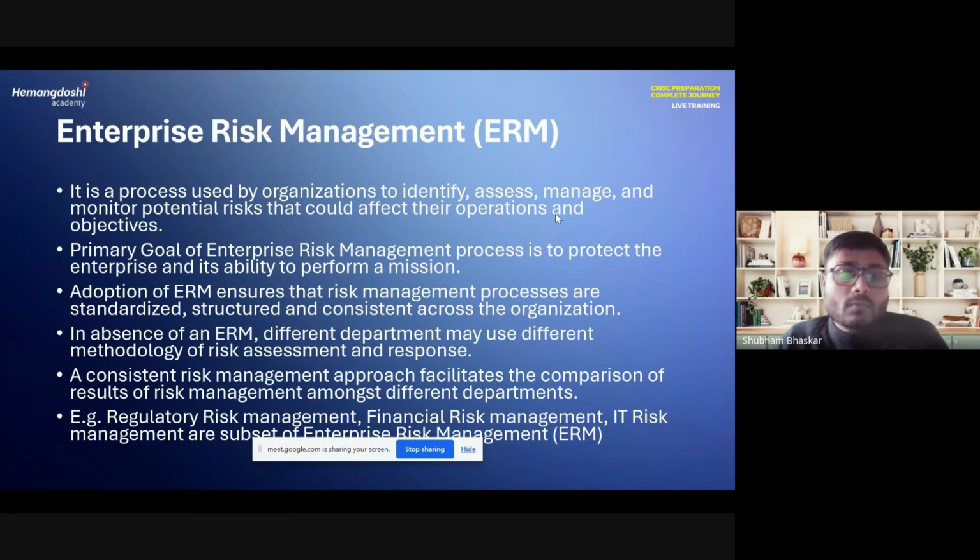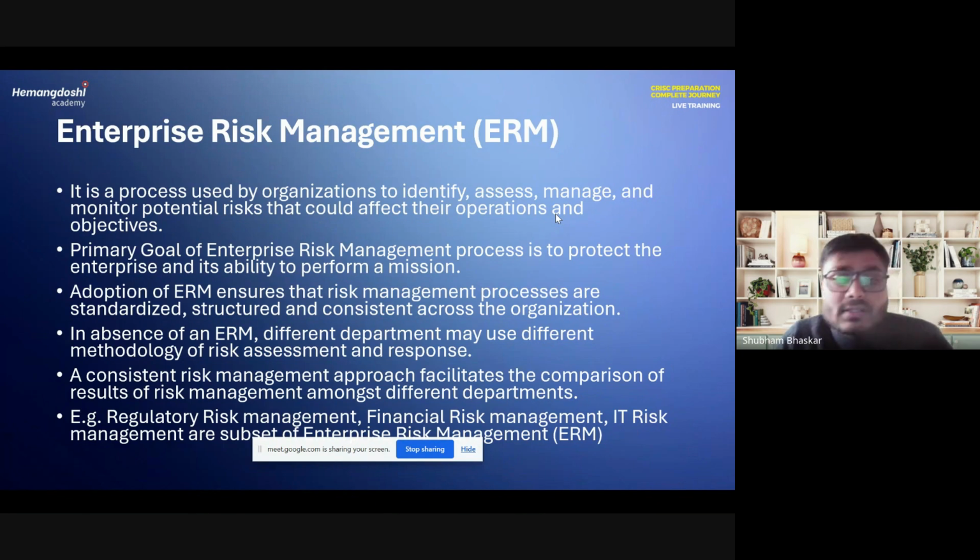Again, like I said, each to its own. Let's say the ERM is not there, what will happen? Each company, each department may be using a different methodology for risk assessment, right? So you remember when I said that you need to have a standardized risk management process? Well, let's talk about what happens if we don't have it, right?